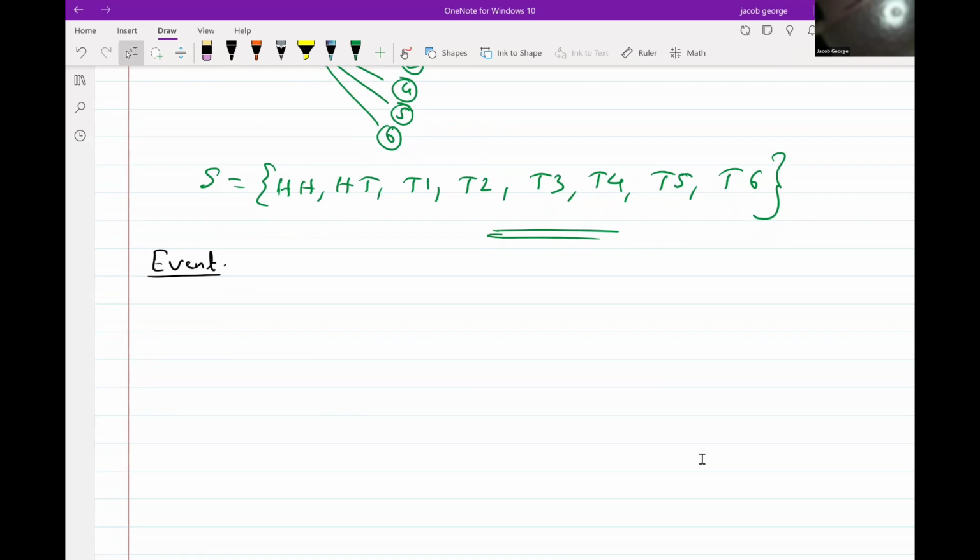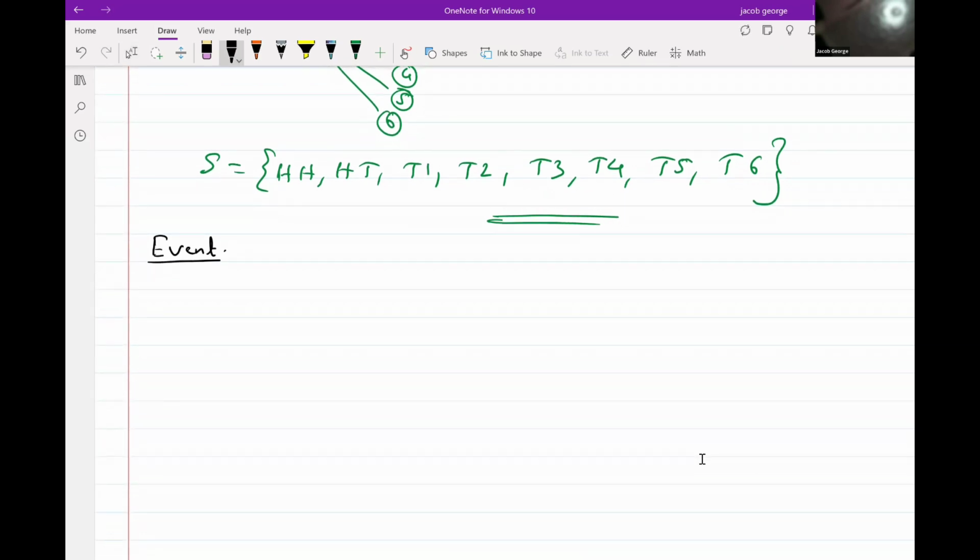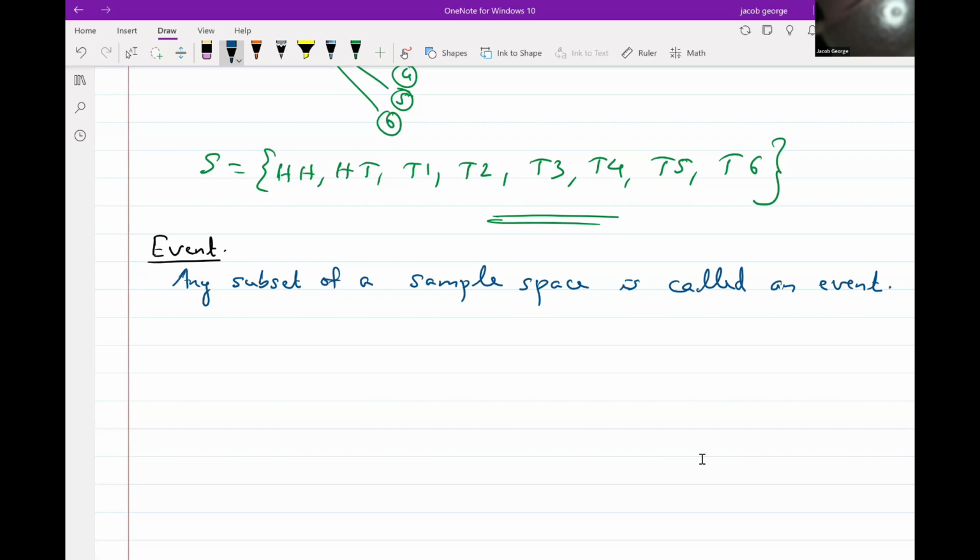Any subset of a sample space is called an event.